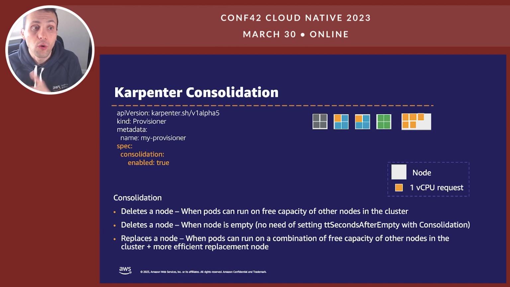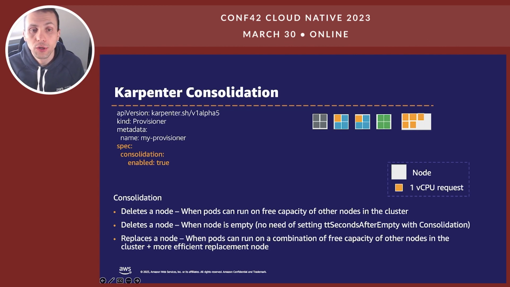And then consolidation, which I recommend. There are potentially reasons why you want to use TTL seconds after empty, but consolidation is a much broader and feature-rich solution, if you enable it on your provisioner, as you see, consolidation enabled true. Let's say in this example, you had 5 pods within this node here on the right.